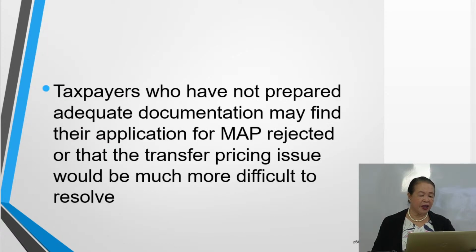Okay, so taxpayers who have not prepared adequate documentation may find their application for MAP rejected or that the transfer pricing issue would be much more difficult to resolve. Kasi dito sa MAP, sa Mutual Agreement Procedure, saka sa APA, pagka-approve na yung advanced pricing arrangement mo, hindi ka na ma-question doon sa pricing, no, during audit.